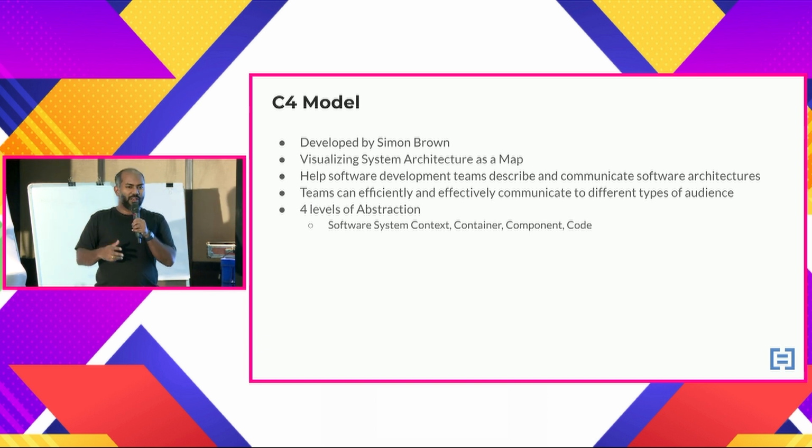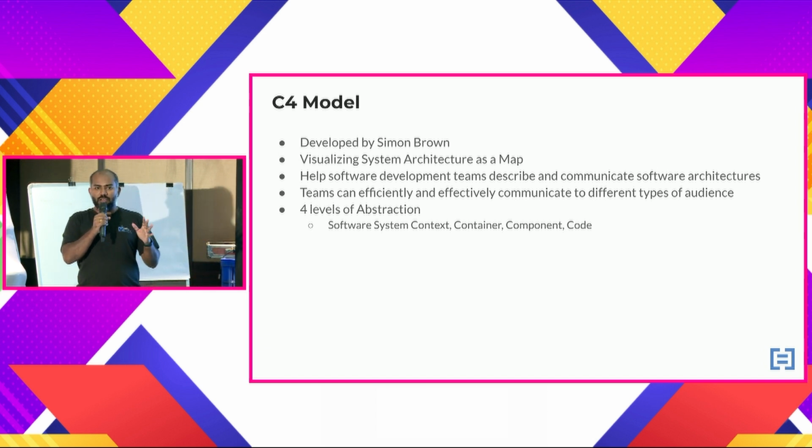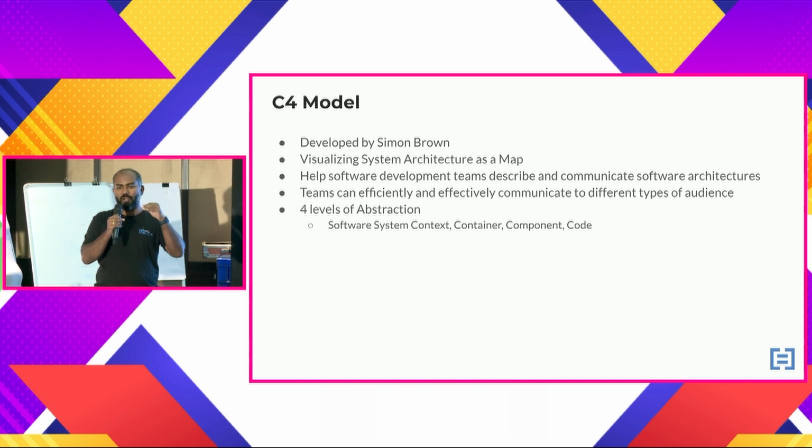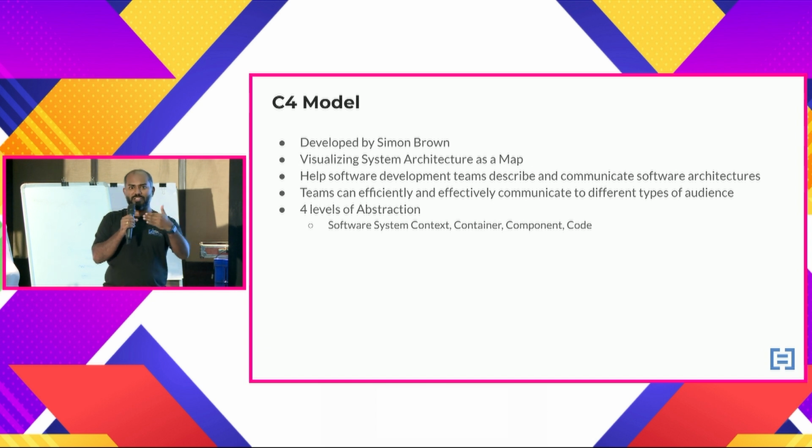Code, of course, is the literal code level, and usually no one uses it, because these days you don't need to create diagrams from code. It will come up in your IDEs, just use those tools. By doing so, you can cater your communication to the stakeholders you are talking to.